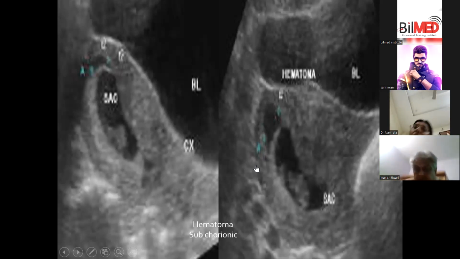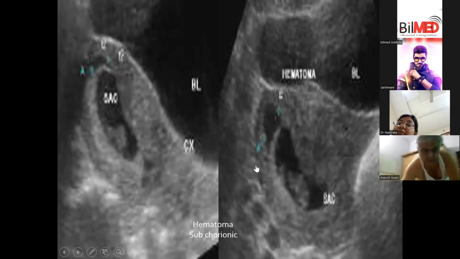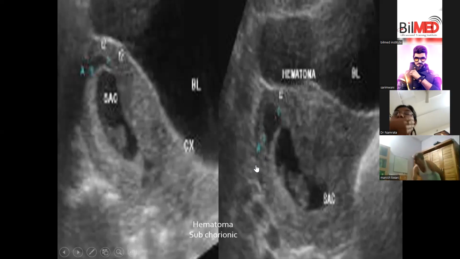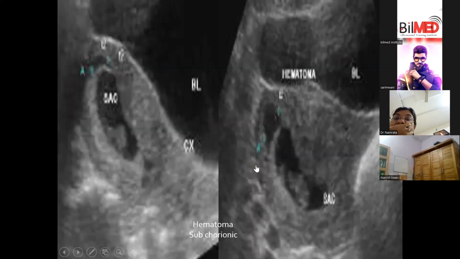In that chorion frondosum, we are having decidual reactions. Wherever there will be more decidual reactions, try to understand, that is the site of placenta.